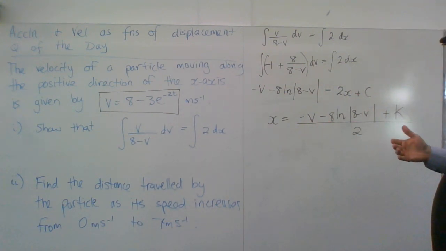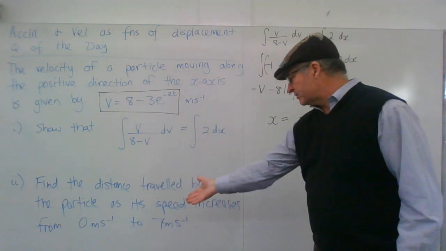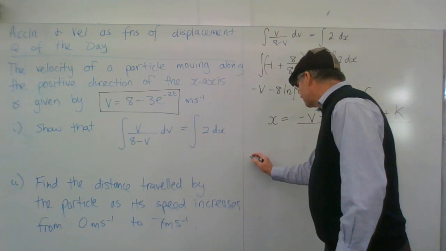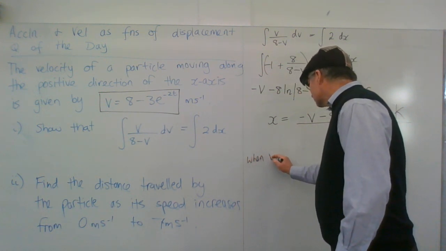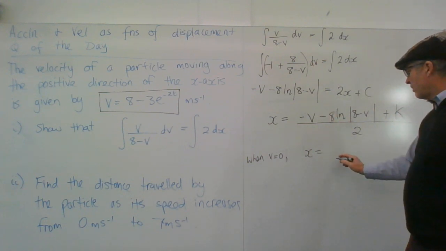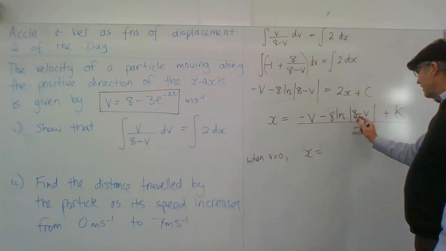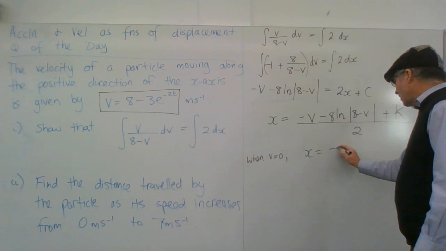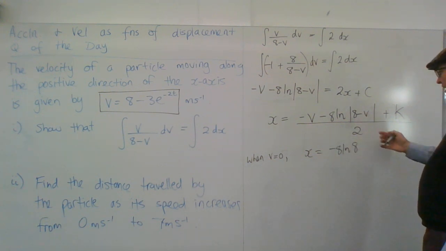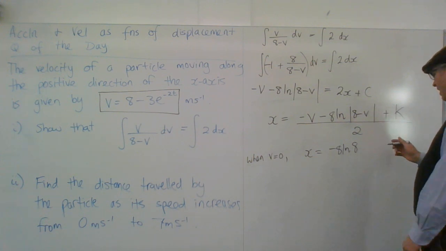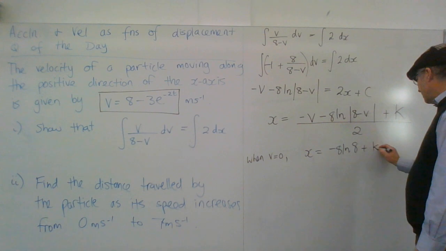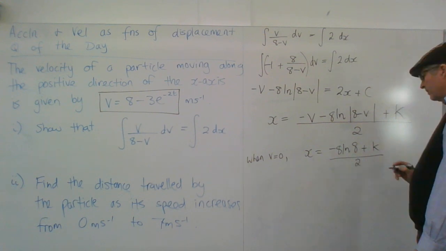So I have that as a rearrangement to give me the displacement at a certain point. Now, when v equals 0, we're traveling from 0 to 7. So when v equals 0, x is equal to 0 minus 8 ln 8 minus 0. So minus 8 ln 8, the absolute value of 8 is 8, plus k on 2.